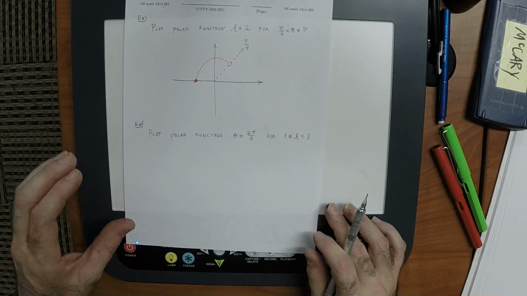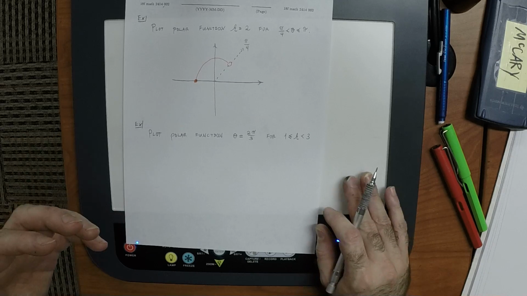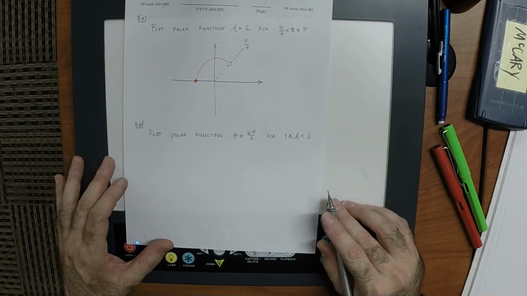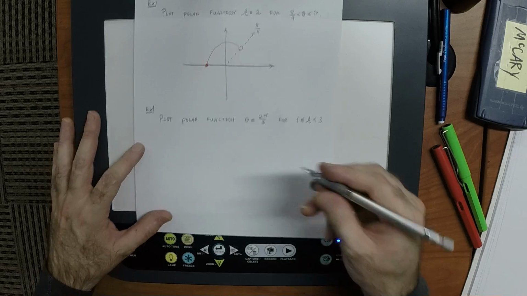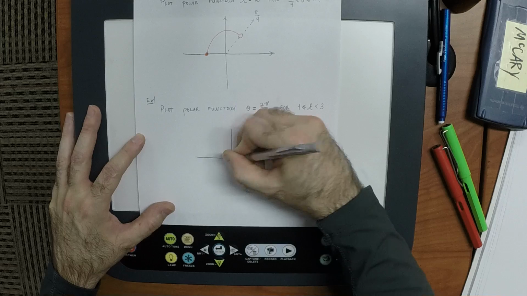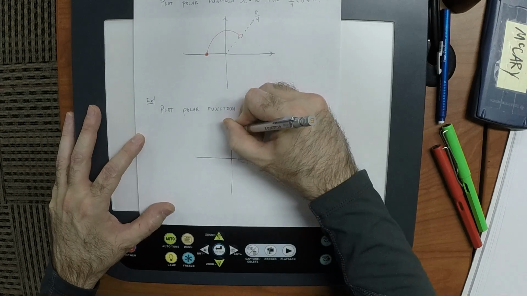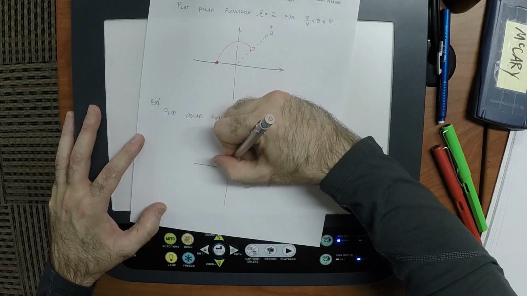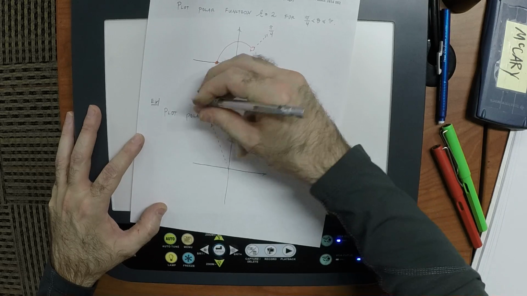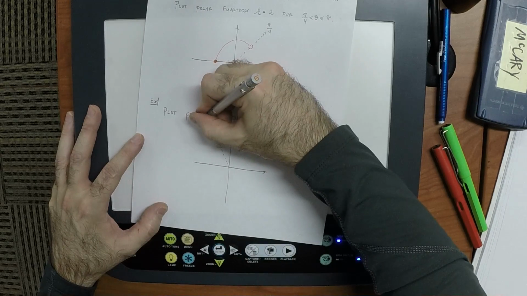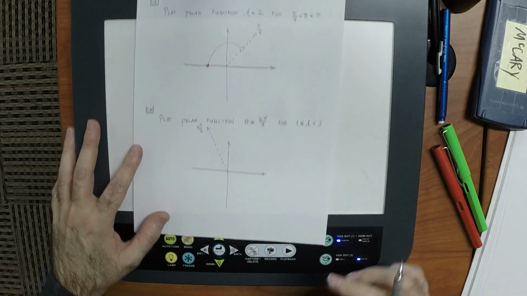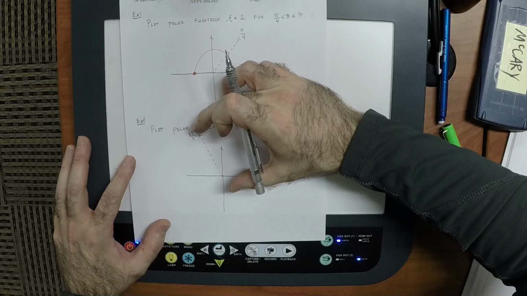Yeah, it's going to be a line segment, right? And it's going to be open on one end and closed on the other. And if you draw it, so 2 pi over 3 is about right here. So what we're saying is that everything has to be on that line.